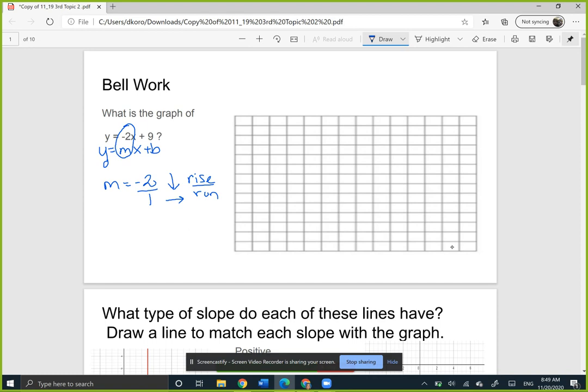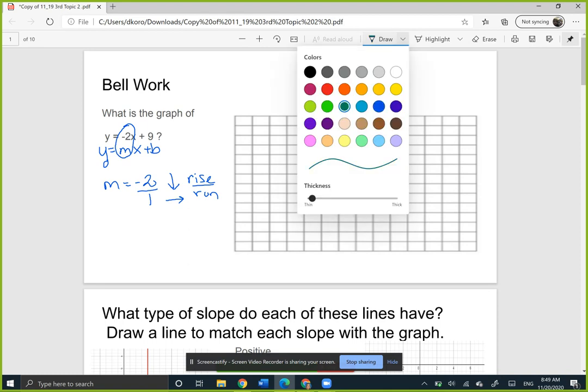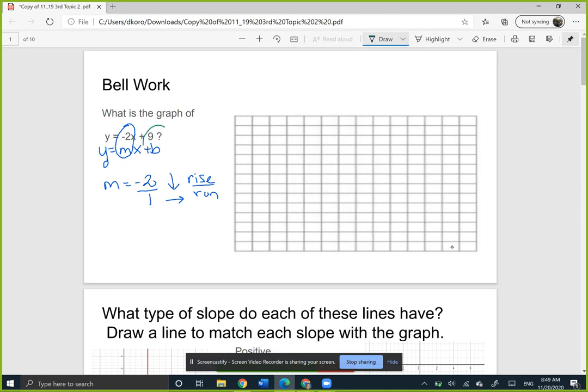So let's start out, let's do our y-intercept. So our y-intercept is b. So b is equal to 9. Okay, and this is where we begin. This is where we're going to begin on our y-intercept.